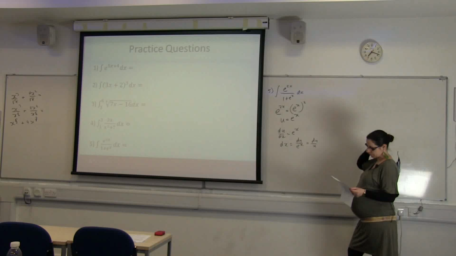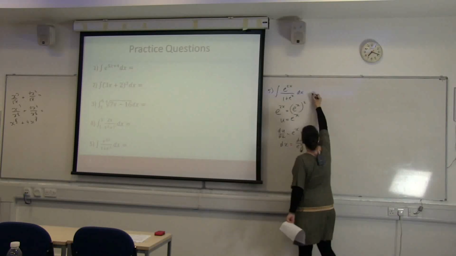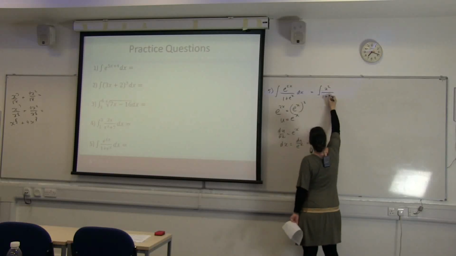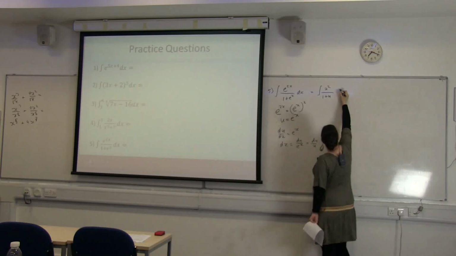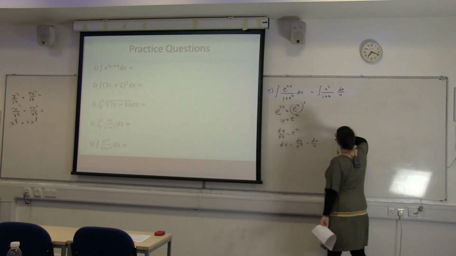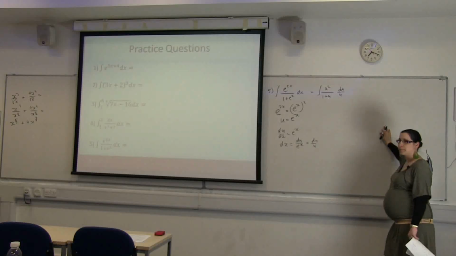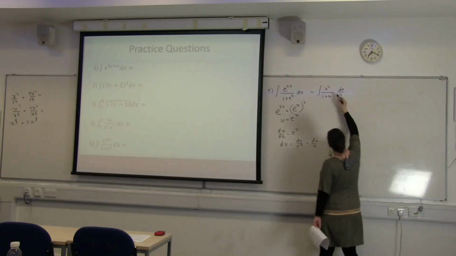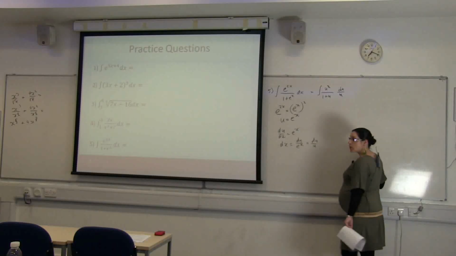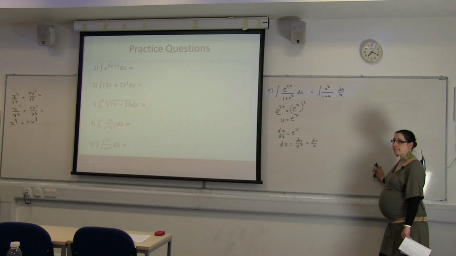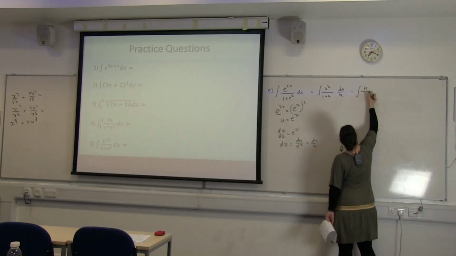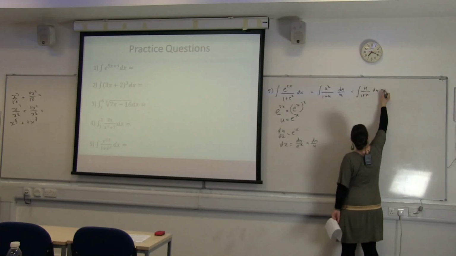So using this little trick, now I can rewrite this as u squared over 1 plus u times du over u. That was the whole point, because now I can cancel by 1 u and I could get rid of the square. So this will be the integral of u over 1 plus u du.